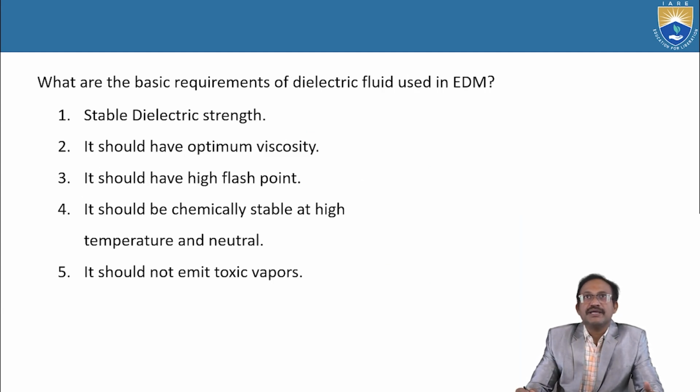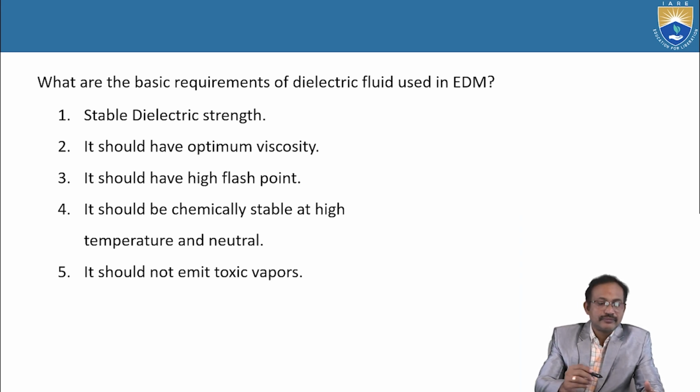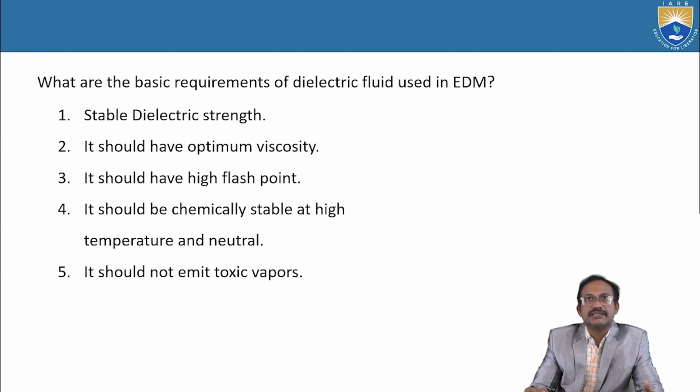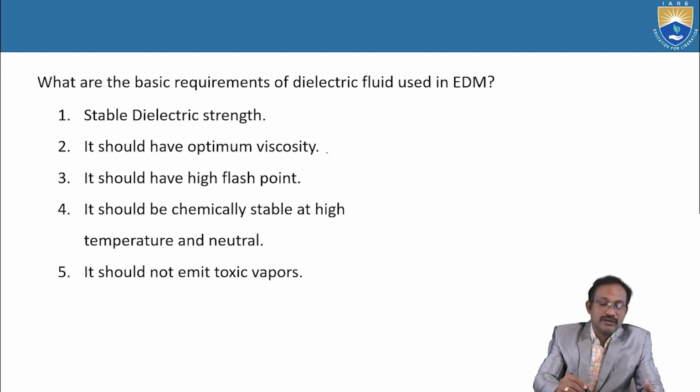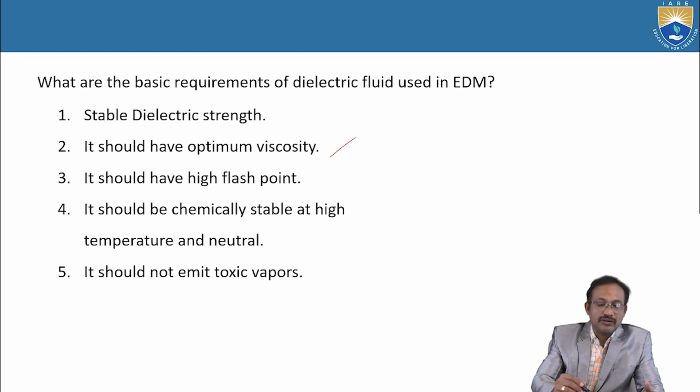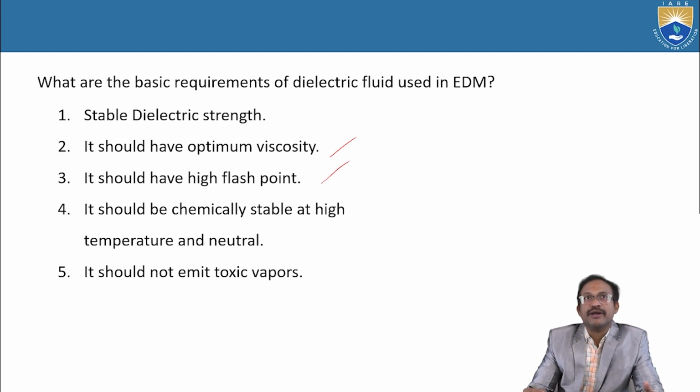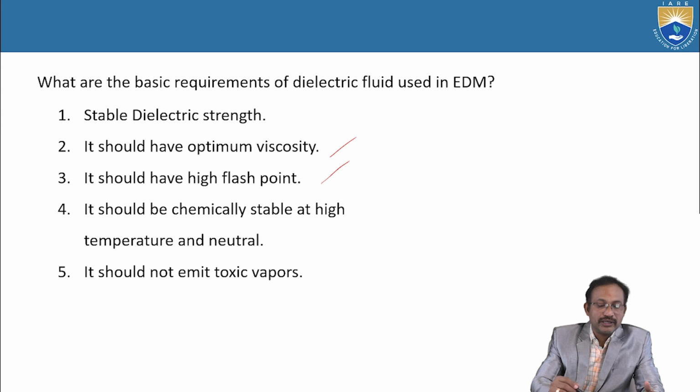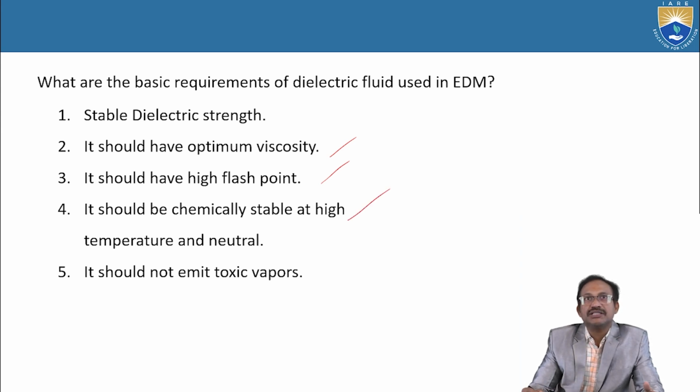What are the basic requirements of dielectric fluid used in EDM? First, stable dielectric strength. Second, it should have optimum viscosity. Third, it should have a high flash point. Fourth, it should be chemically stable at high temperature and neutral. Fifth, it should not emit toxic vapors.